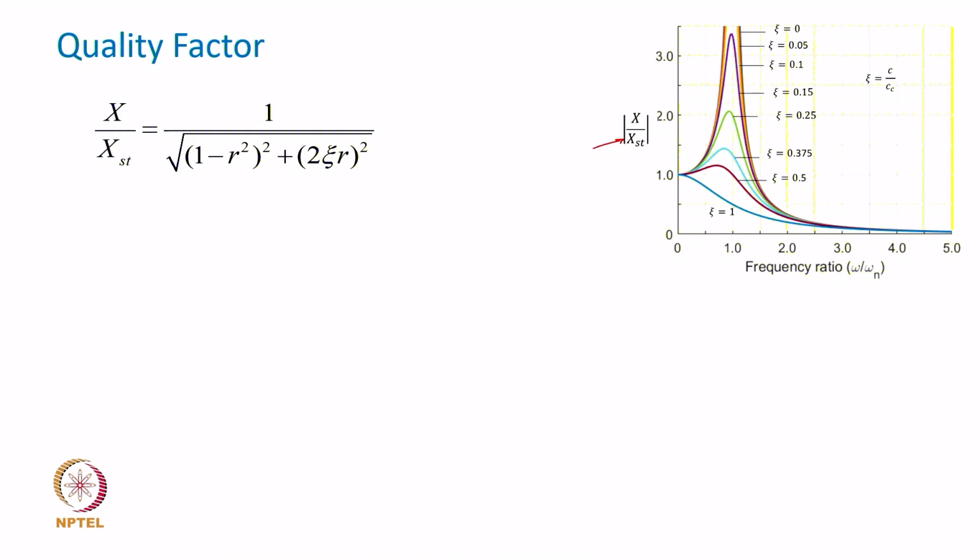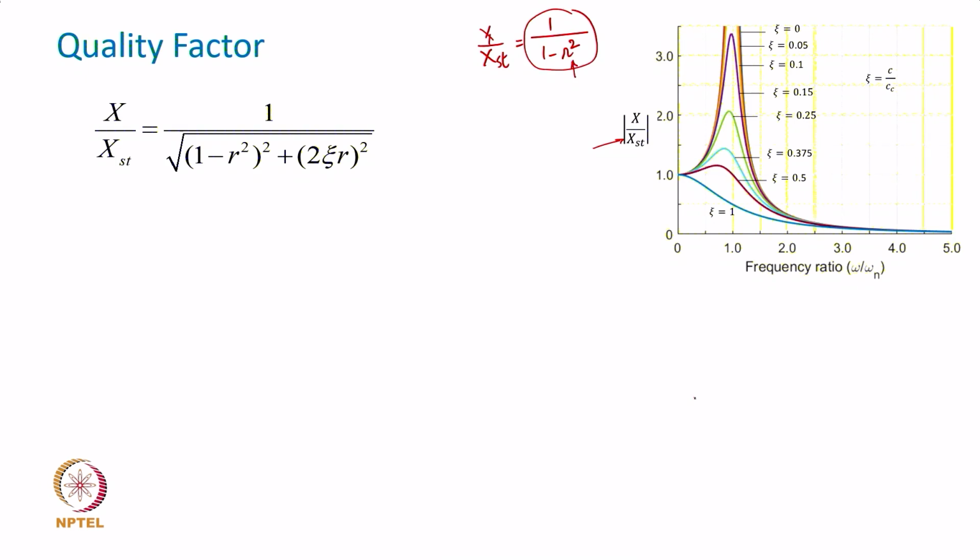The reason is that it has a slightly different variation, but we all the time plot the positive values, because after you cross the resonance, the amplitude capital X becomes negative. Okay. So, for example, X over X_st for an undamped case is going to be 1 over 1 minus r square, and therefore, if r becomes more than 1, then this entire ratio will become negative.